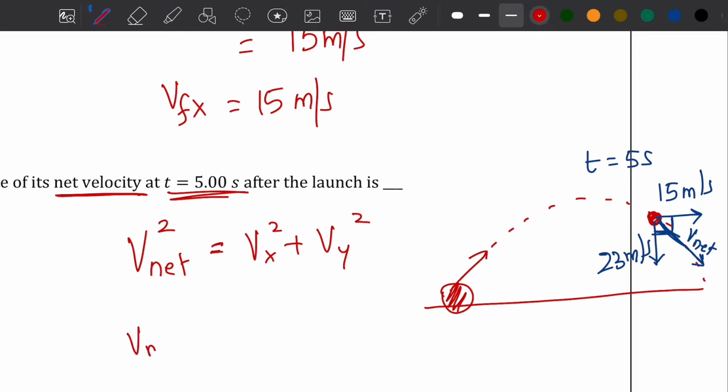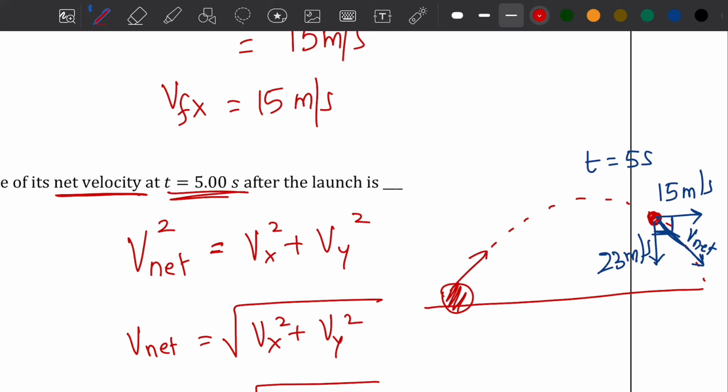So V net will be equal to square root of Vx square plus Vy square, which is equal to 15 square plus 23 square, which will come out as, let me just calculate this, 15 square plus 23 square. That gives us 27.45, so 27.5 meter per second.